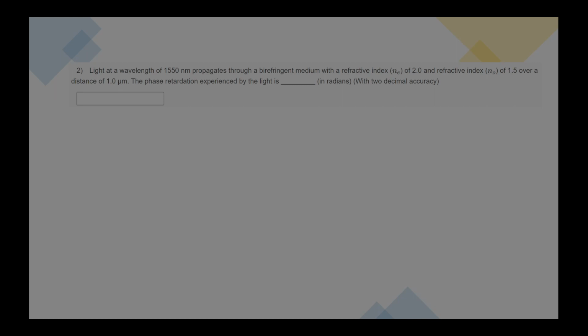The phase retardation experienced by the light is, in radian, you have to tell with 2 decimal accuracy. So here the solution, it could be like phi. You have to calculate the phase retardation.